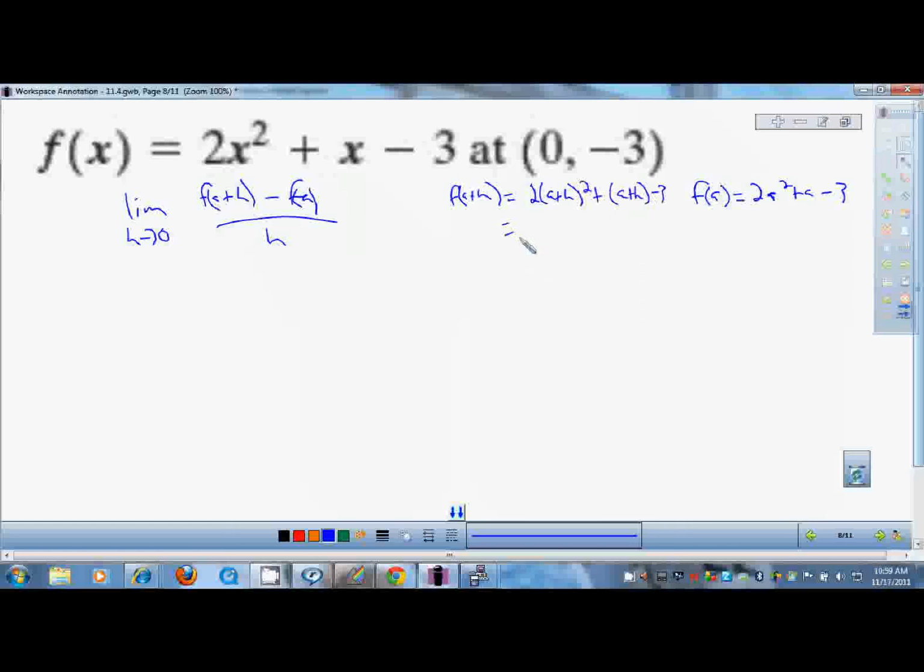Now I'll simplify that. I'm just saving myself some complications when I actually plug it into the formula. I know it's easy, but there's just no way around that.